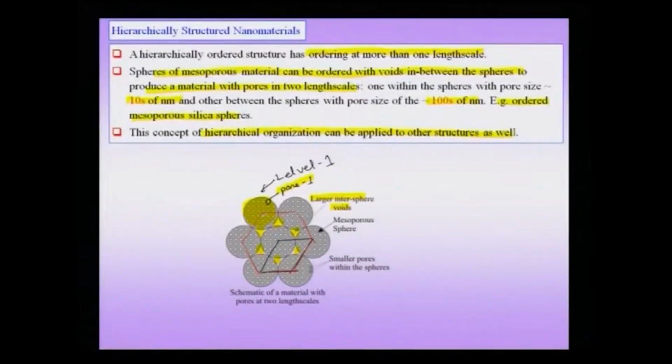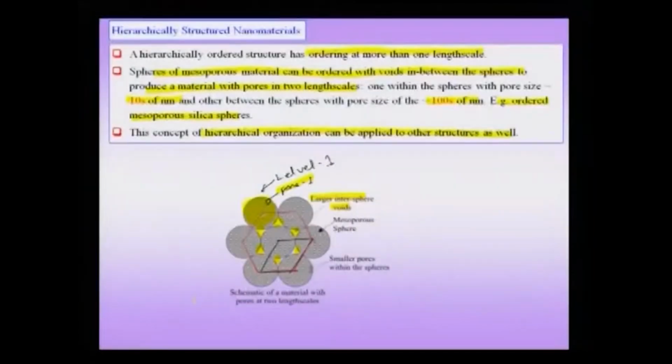Similarly, we said that there can be hierarchical construction of materials, not only of surfaces, but also materials. And finally, here we see that there can be hierarchical construction of pores in materials, wherein I can incorporate more than one length scale of pores, of course, finally intended for some kind of an application which would make this construction useful.